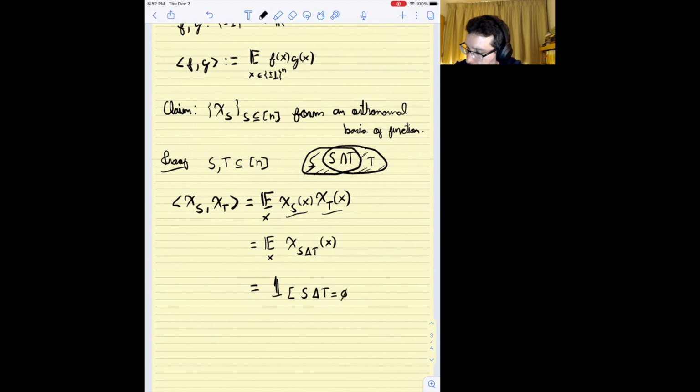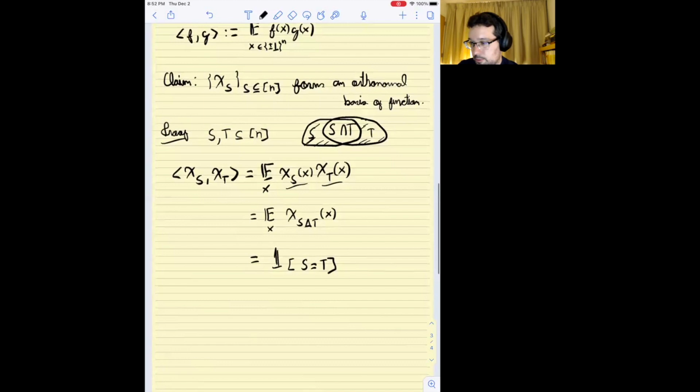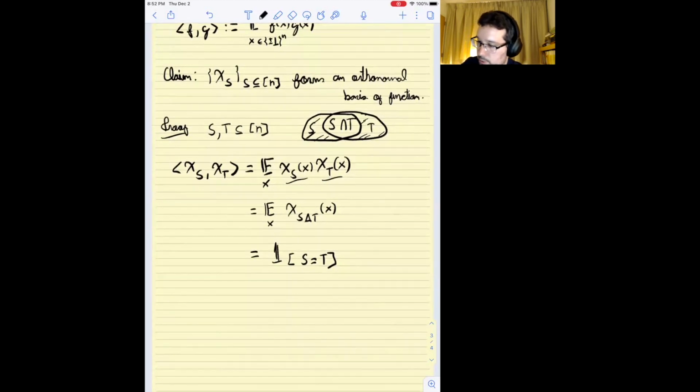Or perhaps it's cleaner to write it as an indicator of whether they are the same or not. This is an equivalent way. If they are the same, then the symmetric difference is the empty set, and the expectation is 1. Otherwise, the symmetric difference is not the empty set, and then the expectation is 0.